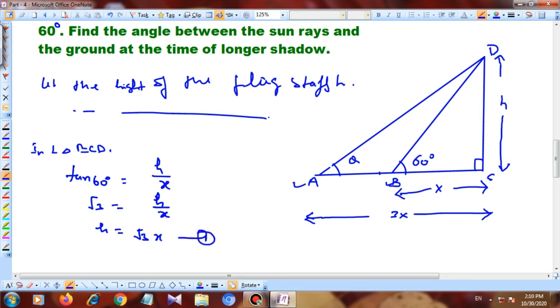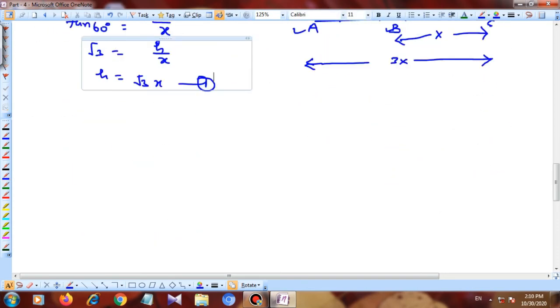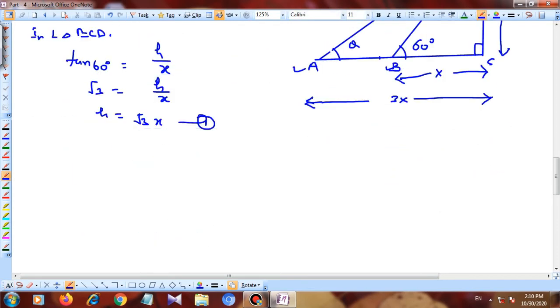Now in right angle triangle ACD, tan theta equal to h upon 3x, right? So tan theta equal to value of h is this. This is our second equation. So value of h is root 3x.